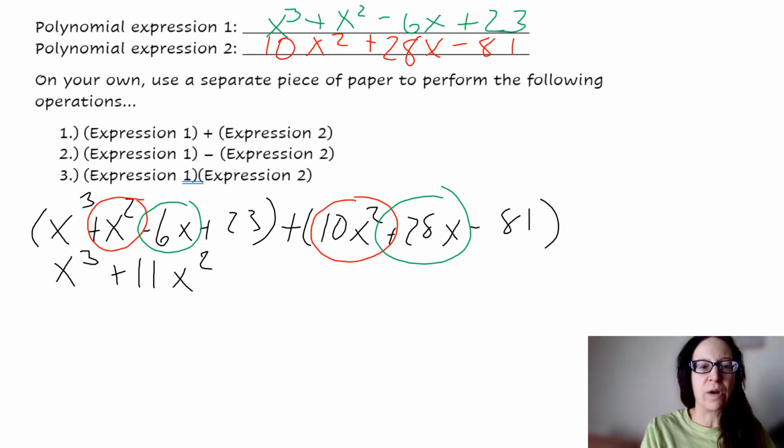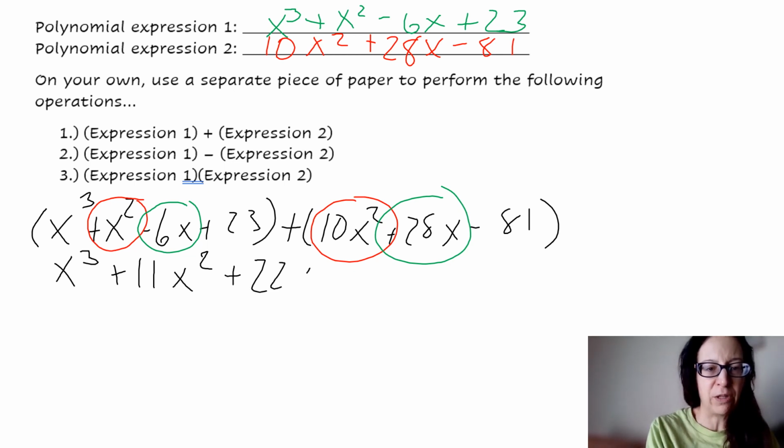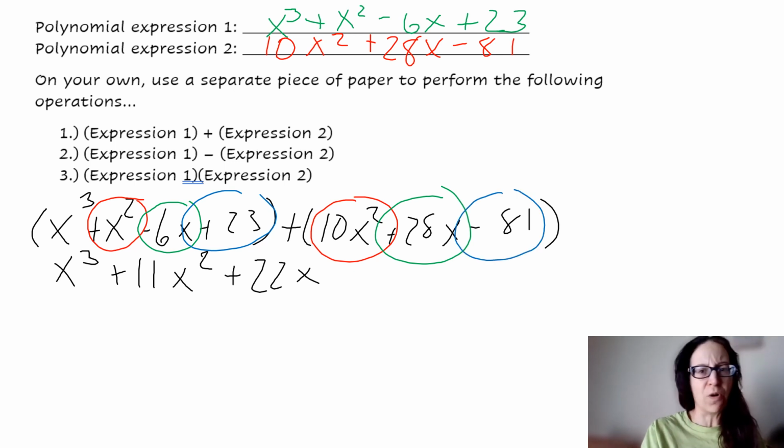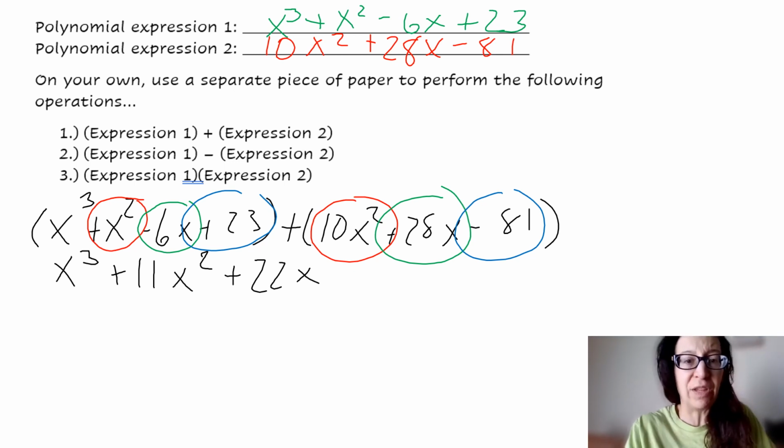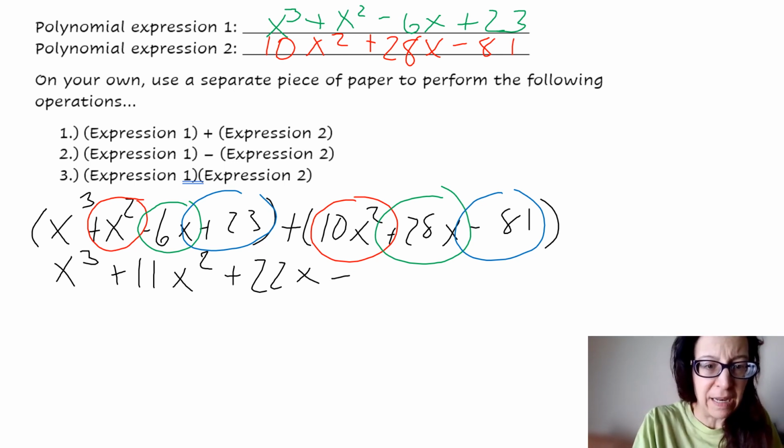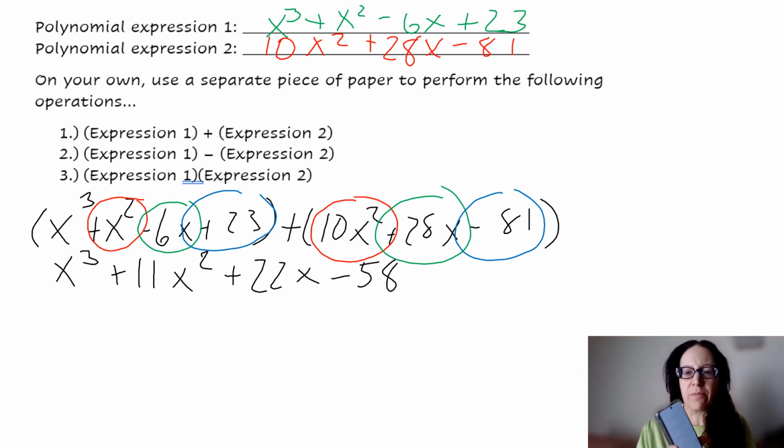So 28 minus 6 is 22, so that'll be 22x. And then this is fun, positive 23 minus 81. So it's going to be negative because we're subtracting the bigger number. So I'm going to do 81 minus 23, and that gives me 58, and it will be negative 58. Okay, now if you're wondering why I'm turning to the side, I'm using my cell phone as a calculator here.